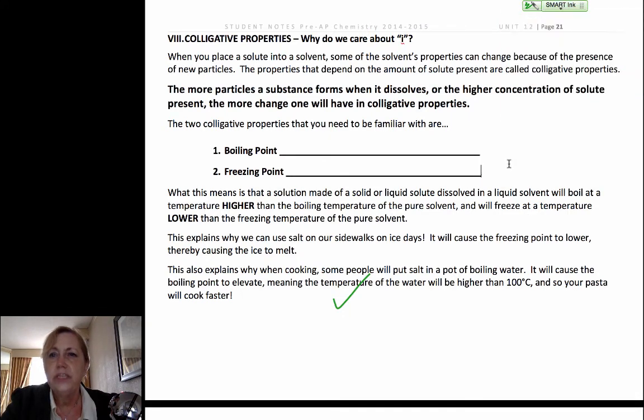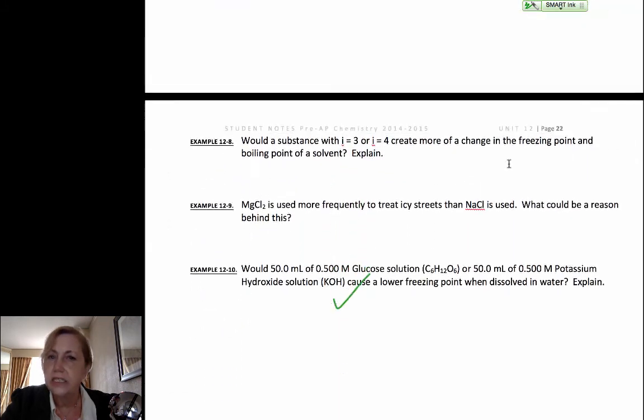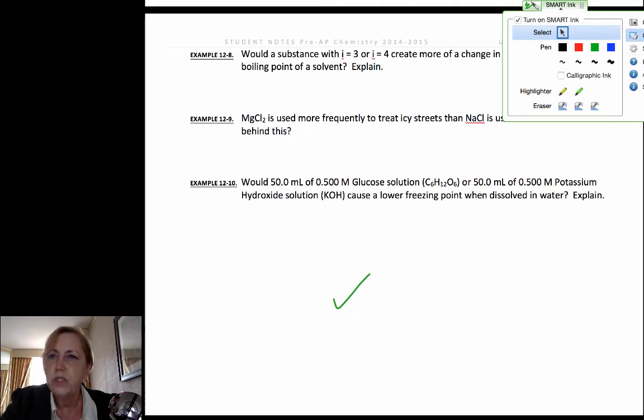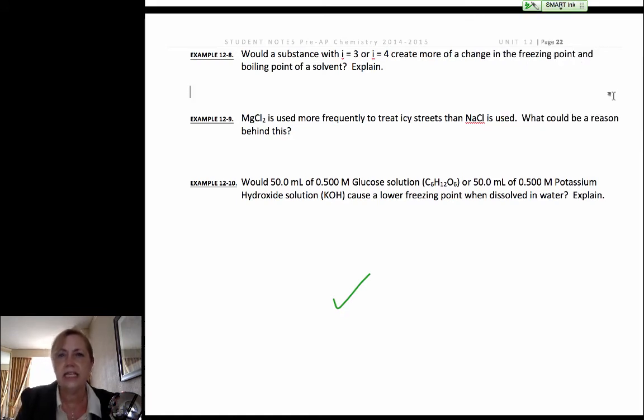Now, when we do this, you want to be able to calculate I so we can decide what will be the most cost-effective ways of achieving our temperature of our solution. So if we look at this, which substance would have a greater change in the freezing point and boiling point?